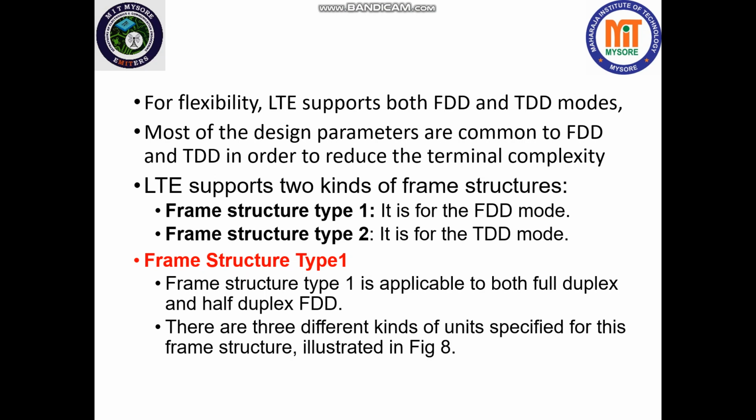So as to have flexibility as well as to support efficient usage of bandwidth. There are two kinds of frame structures. One is for the FDD mode of operation, another for the TDD mode of operation. Frame structure type 1 is for the FDD mode of operation. Let us go to the figure and see.